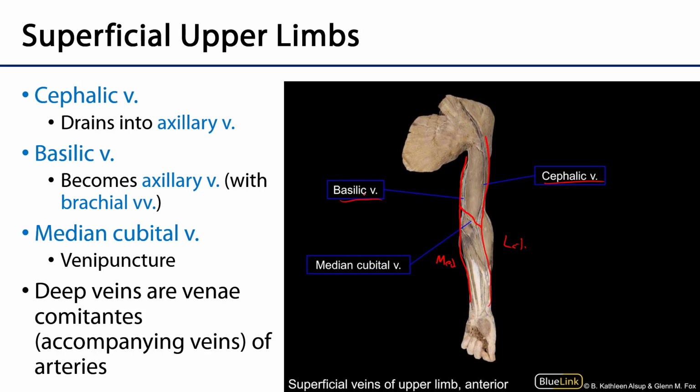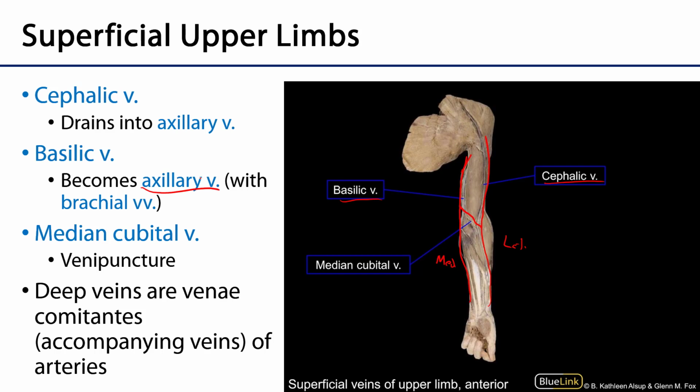Now, the basilic vein is going to dive deep, and it is going to come together with the brachial veins, which are venae comitantes of the brachial artery, to form the axillary vein.